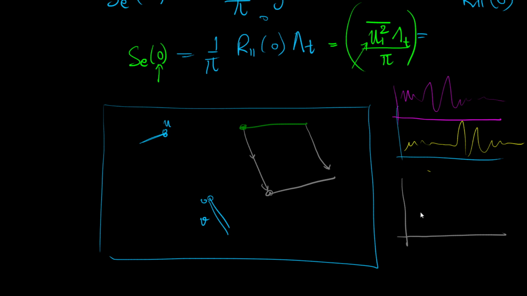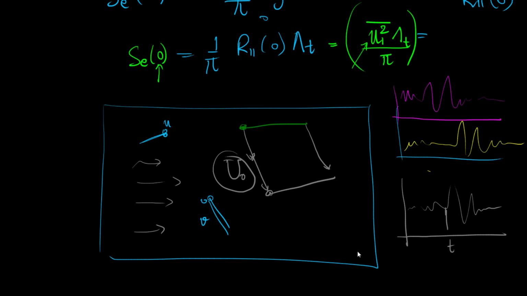Surely you are getting a time series, but this time series must be interpreted in the sense that at this particular time you are moving. So if you are moving with a velocity u naught, and the velocity u naught is sufficiently larger than the velocity of the flow, then this time series can be converted into a space series.